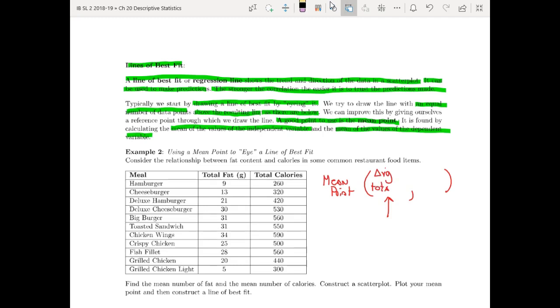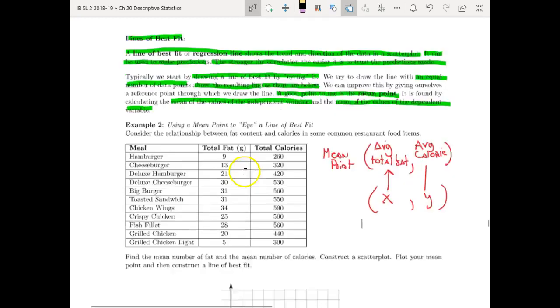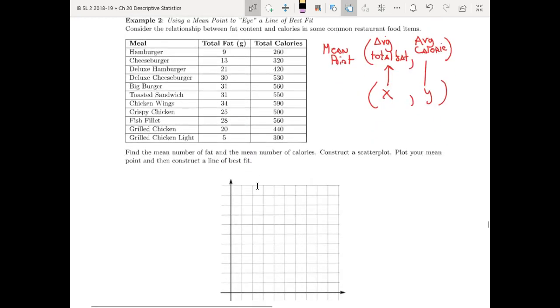That's going to be your x-coordinate. And then the average of your calories, that's going to be your y-coordinate for the mean point. You're just doing the average of each list. That's your x and your y. Okay, so when you draw your line of best fit, you want it to go through those points.